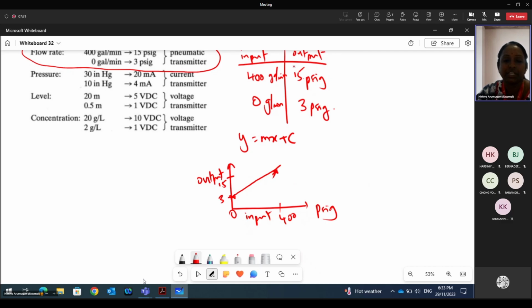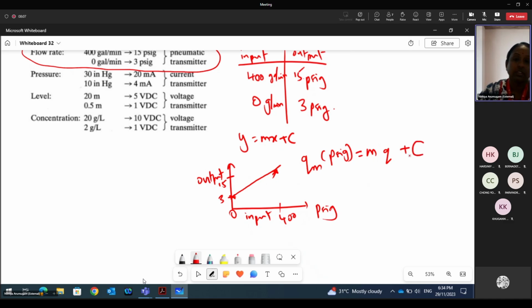Okay, linear expression. So here y equals mx plus c. The y here is the transmitter's function, the output. So psig equals m, and the x here is the input, so it will be Q in gallon per minute, plus the c.